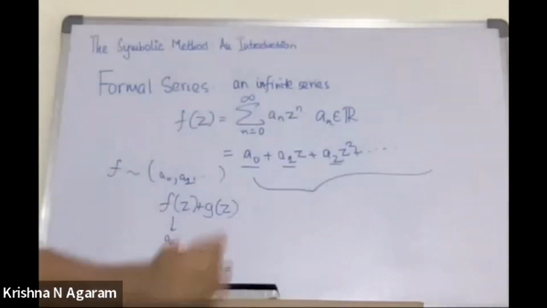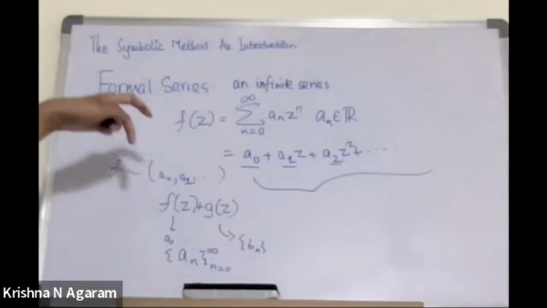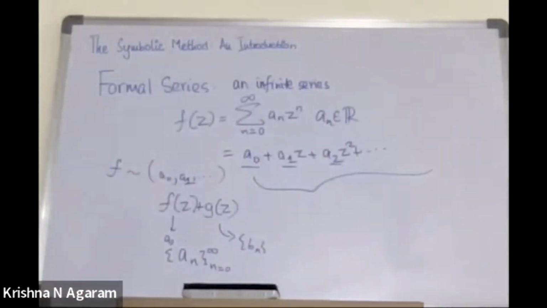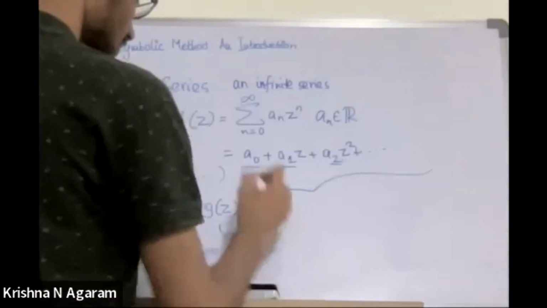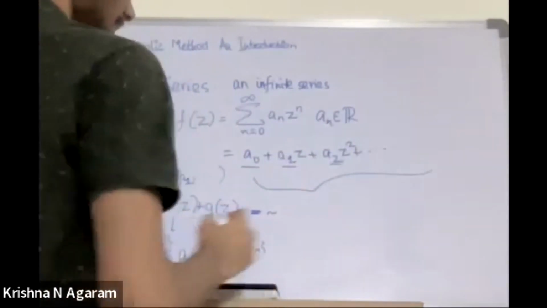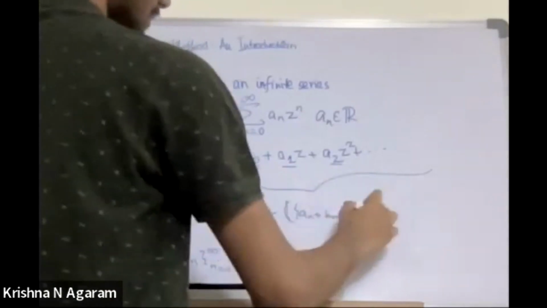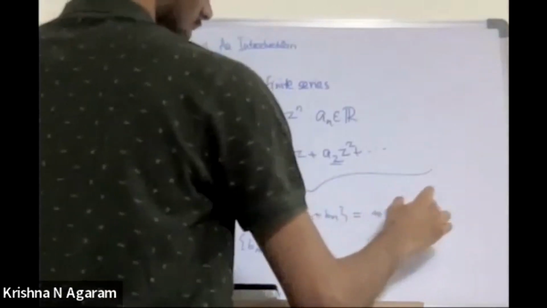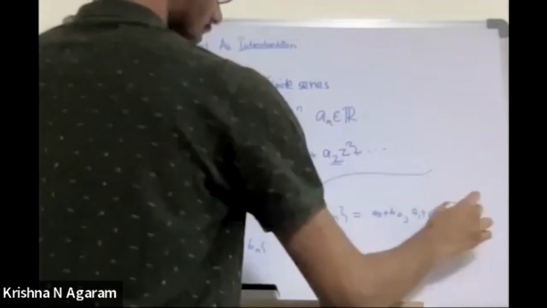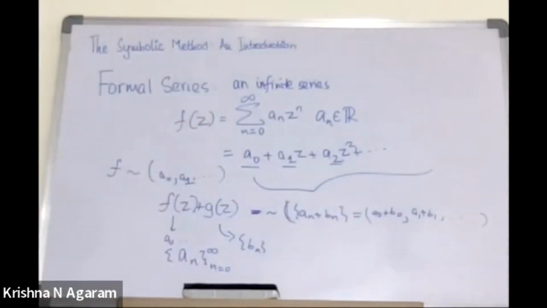I may not write that sometimes. And suppose g is bn, which means g represents the formal series for this set of coefficients bn. Then you define f(z) plus g(z) as another formal series which represents the sequence an plus bn. And what is this sequence? It's just a0 plus b0, a1 plus b1, and so on. Simple enough. You could treat it like a polynomial and use the usual rules of addition.